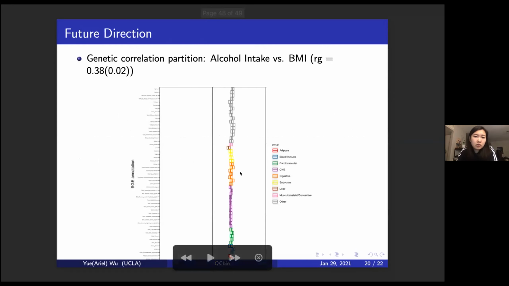So for future directions of this method, one interesting question people might want to understand is whether this genetic correlation is the same along the whole genome, or whether there's some difference or enrichment in certain regions. For example, we know that in genome-wide association studies, some of the diseases or traits are very, very polygenic.